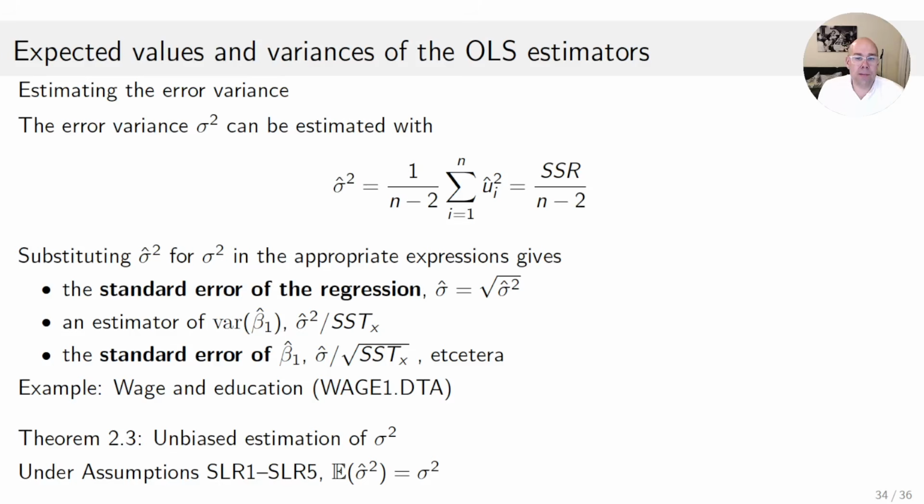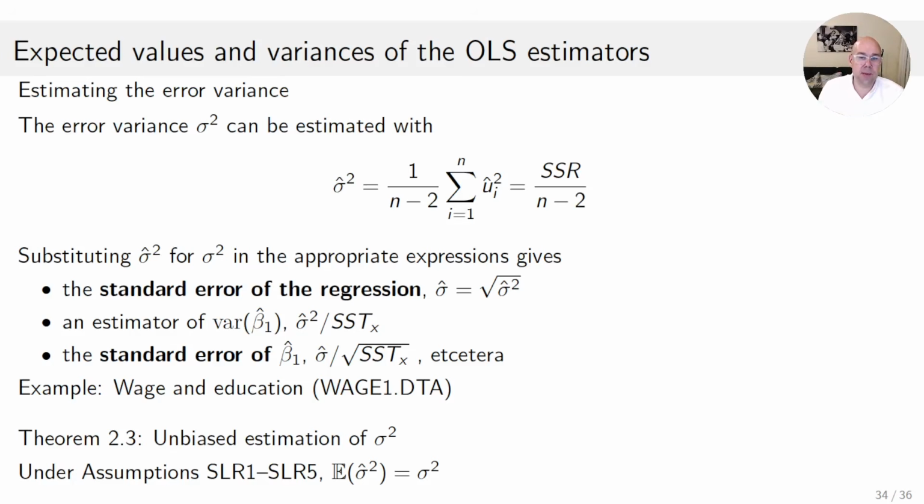2. The reason for this is that we do a degree of freedom correction. You've seen that before in statistics, that when you estimate a variance, you might want to divide by n minus 1 in that particular case. Here we want to divide by n minus 2 because we're actually estimating 2 parameters.